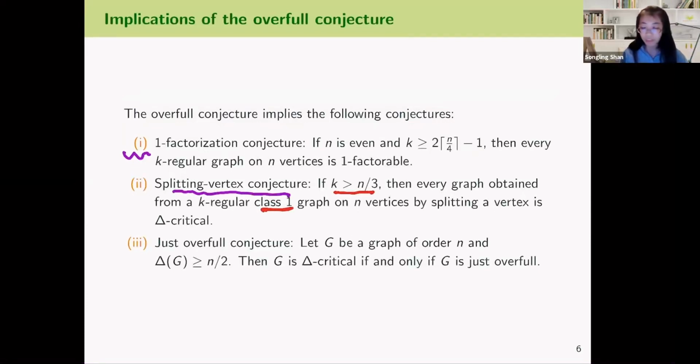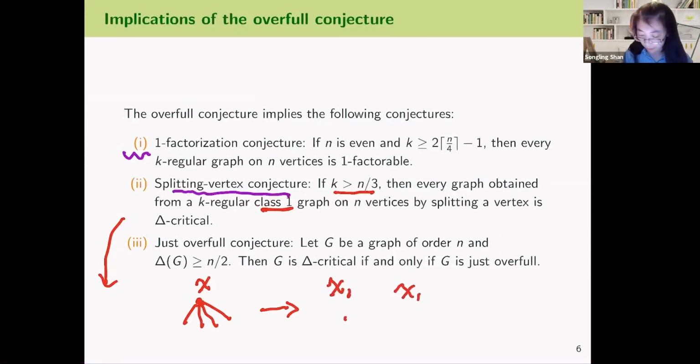Then we split one vertex of the graph. Splitting one vertex means this: suppose we have vertex x, which is incident with some edges. We split this vertex into two, x1 and x2, and put an edge between these two new vertices.